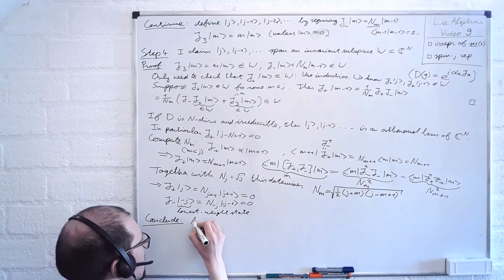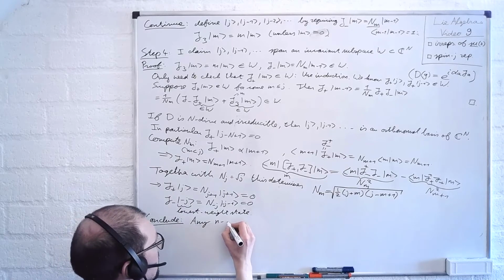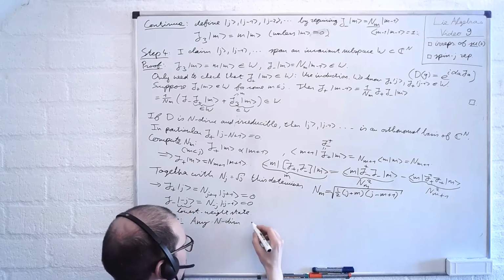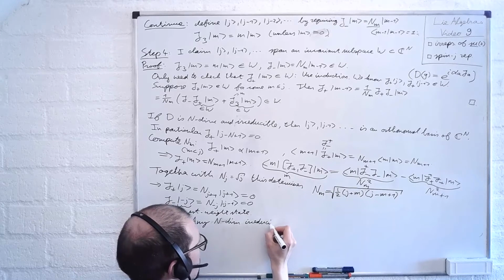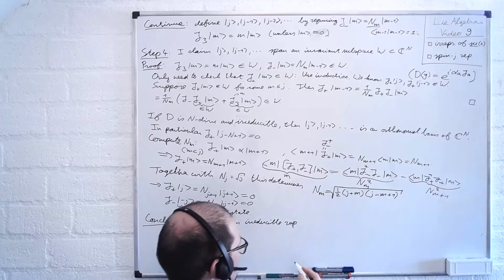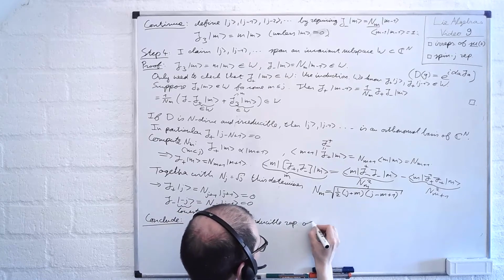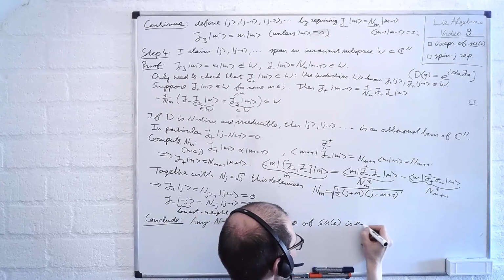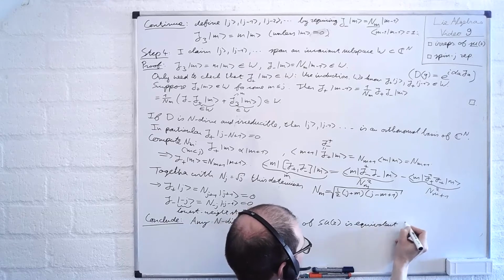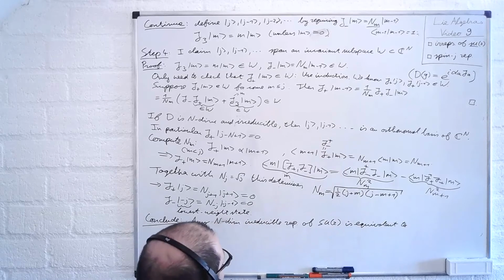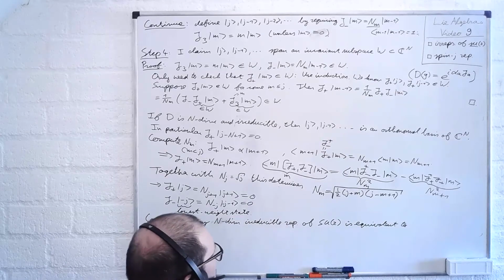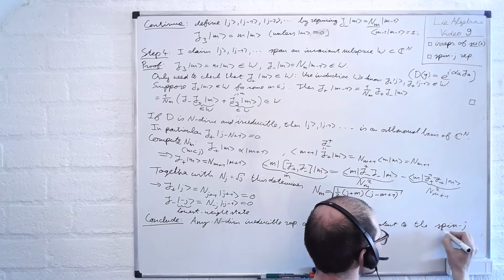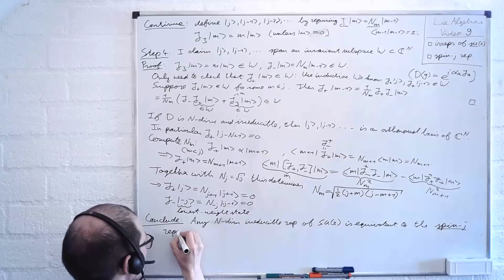So this means that any n-dimensional irreducible representation of SU2 is going to be equivalent to, well, essentially the representation that we just wrote down here, and it actually has a name, the spin J representation.